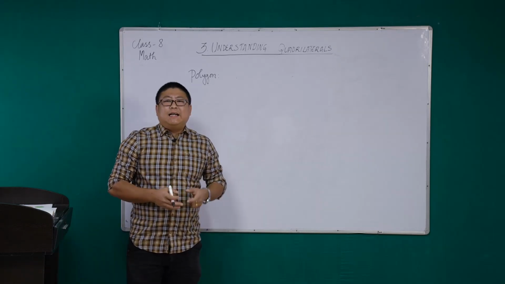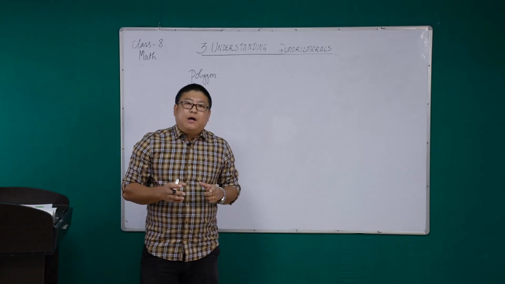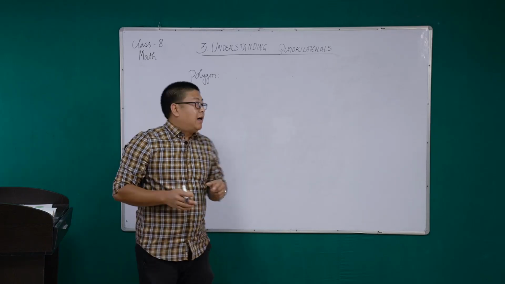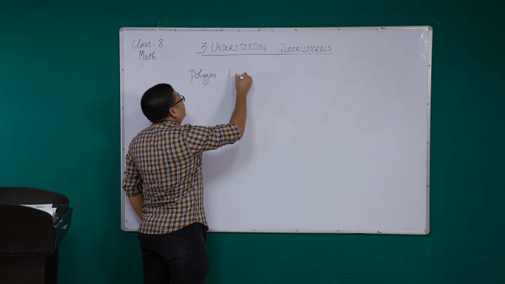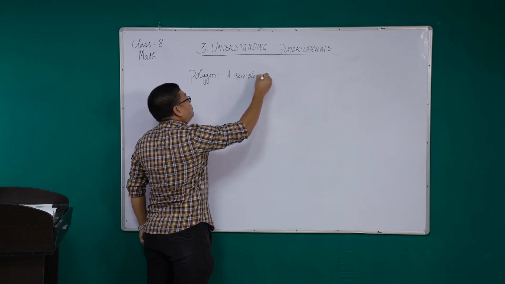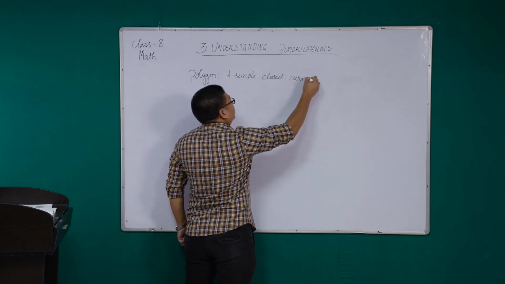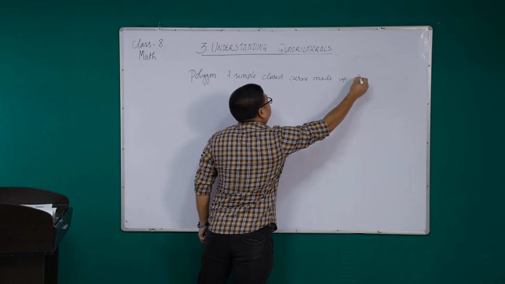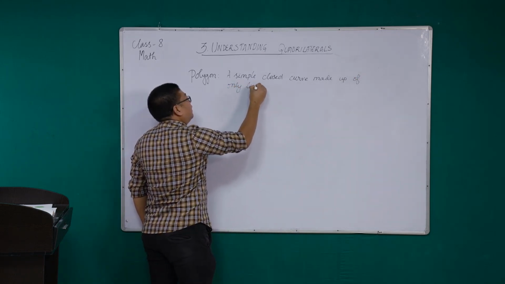A polygon is a simple closed curve made up of only line segments. Now, let me write the definition here. A polygon is a simple closed curve made up of only line segments.